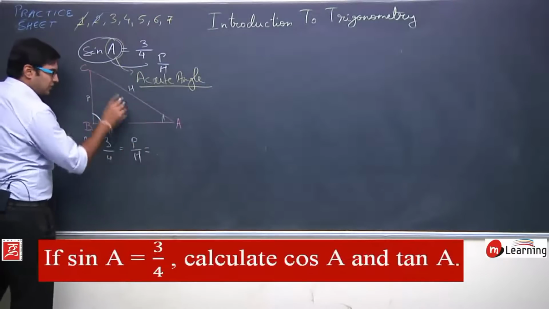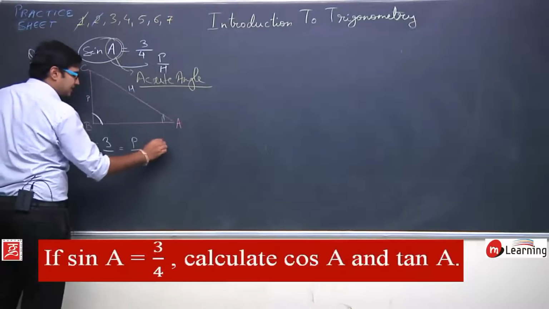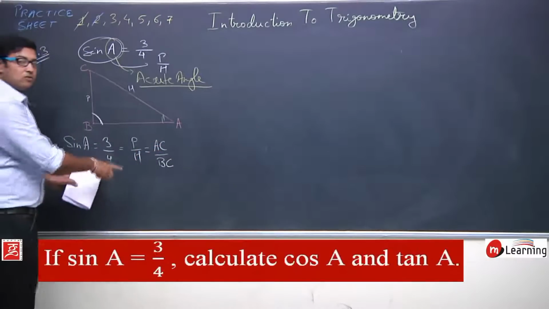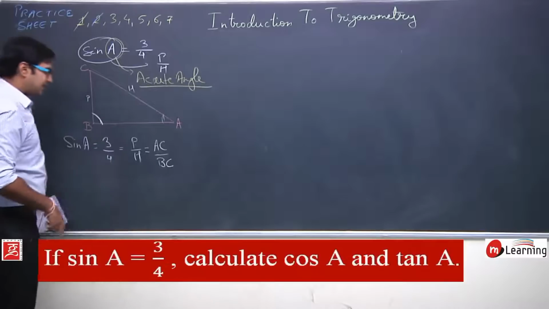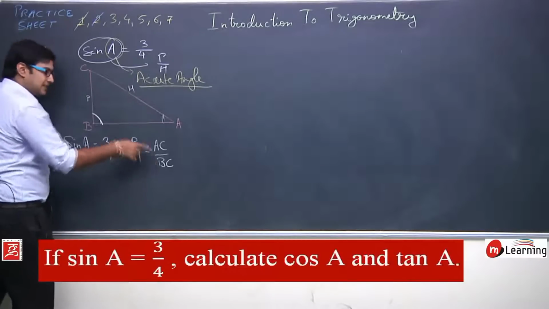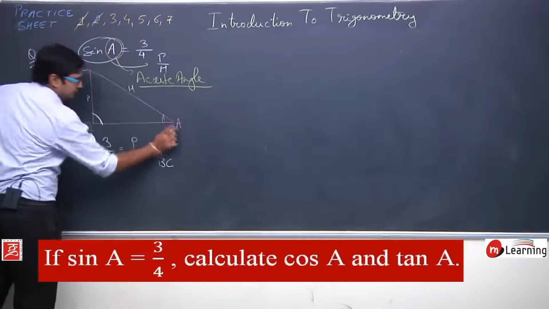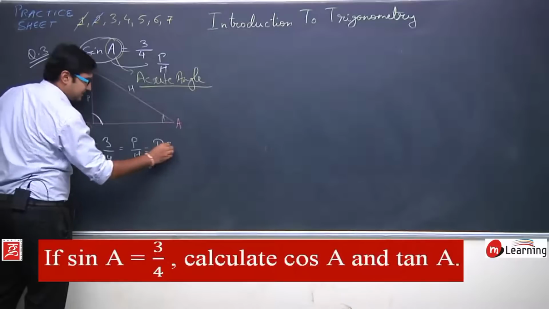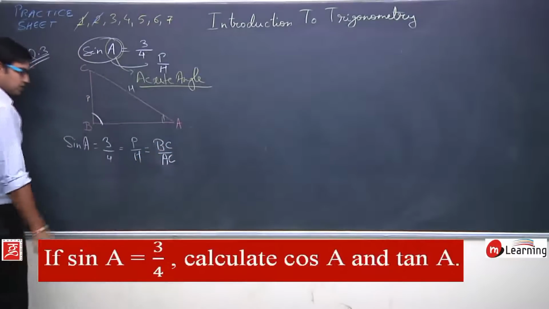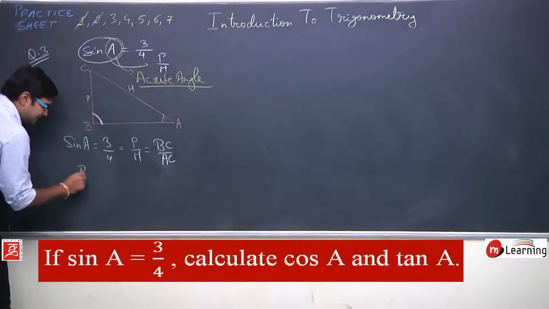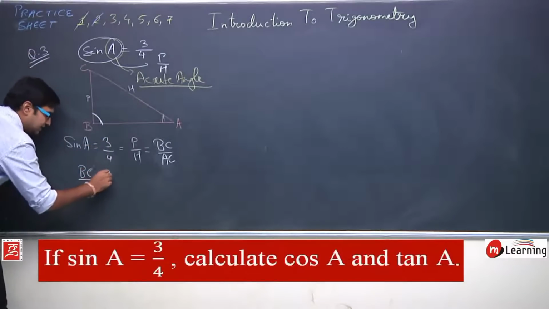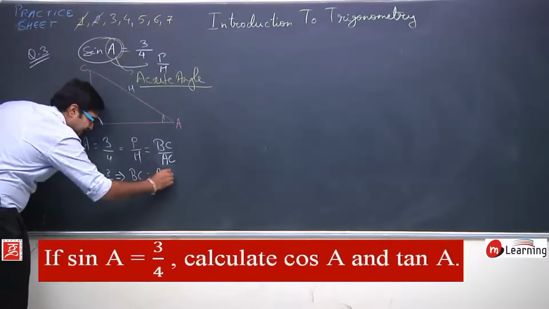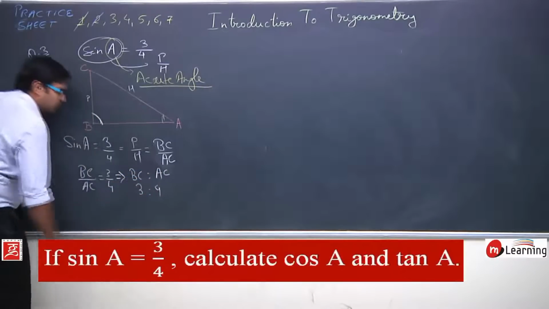So in place of perpendicular and hypotenuse, I can write AC upon BC. Now what does this imply? Sorry, I have written wrong, it is BC upon AC. Okay, so it represents that BC upon AC is 3/4, which implies BC is to AC is 3:4.